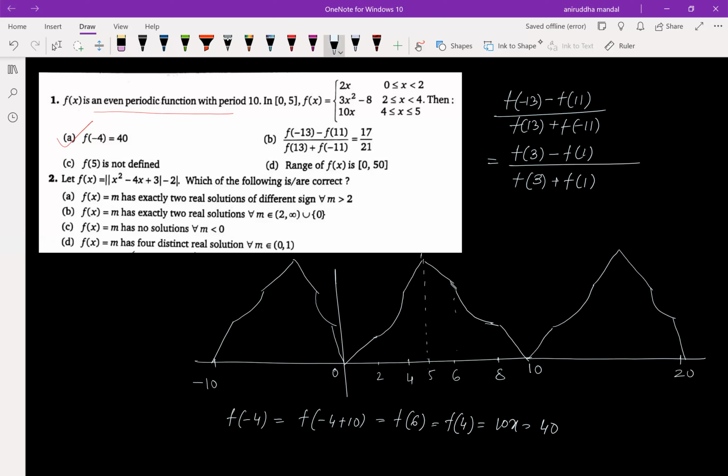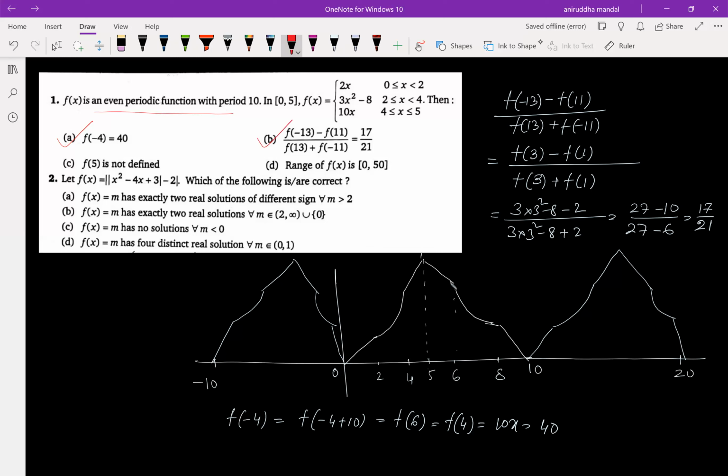So f of 3 is 3x², so 3 into 3² minus 8, minus f of 1 is 2x, so 2, divided by 3 into 3² minus 8 plus 2. So this is 27 minus 10, and this is 27 minus 6. So this is 17 by 21. So option B is also correct.